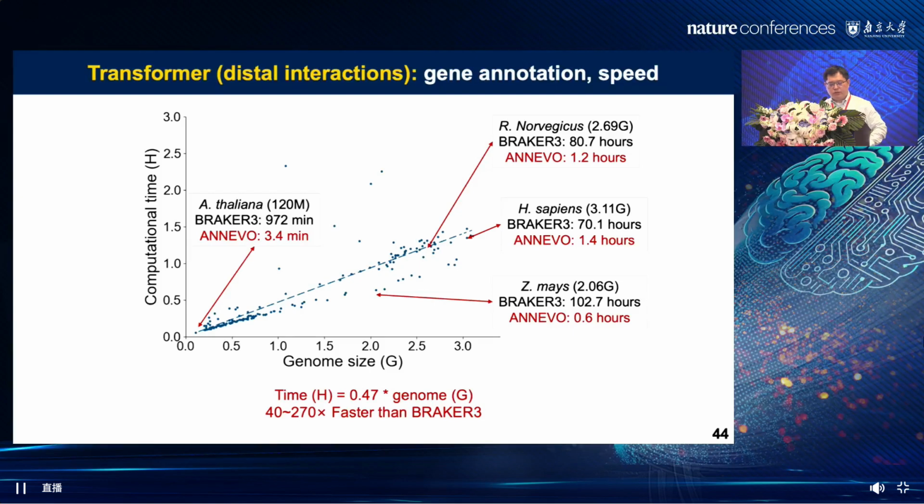Also, because it's a lightweight model, we carefully chose a small model instead of a very large language model. We need to tackle the speed, and we cannot make the Sanger Institute buy a very expensive machine to run a large language model just to annotate one genome.